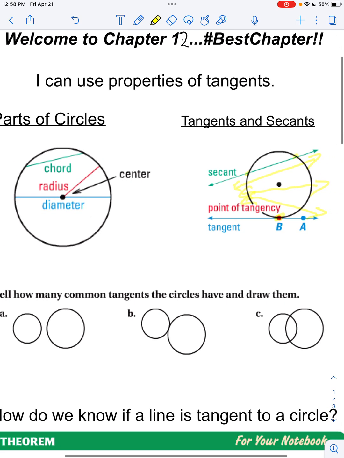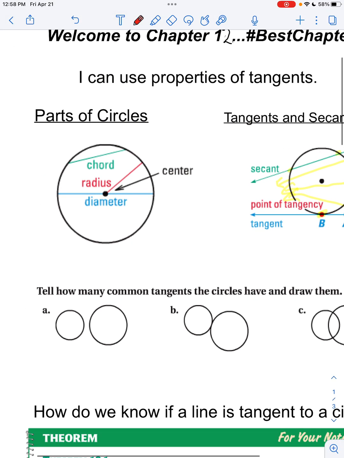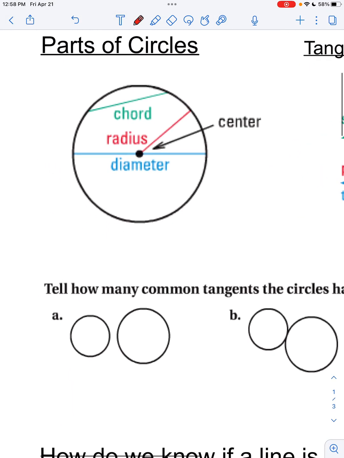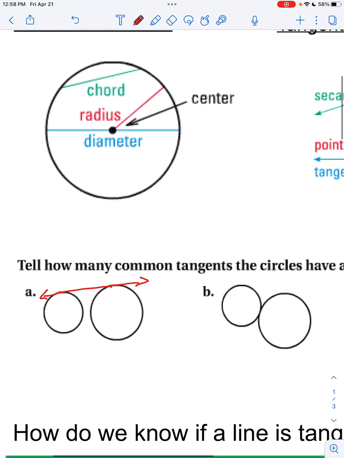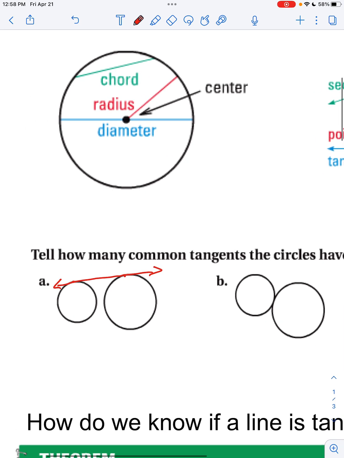Tell how many common tangents the circles have and draw them. Okay, so a tangent line touches the circle once. I could draw a line here and here. That would be one tangent line, and because it's shared, it's common. And similarly, I'd have something like this. Let's see if I can draw this.